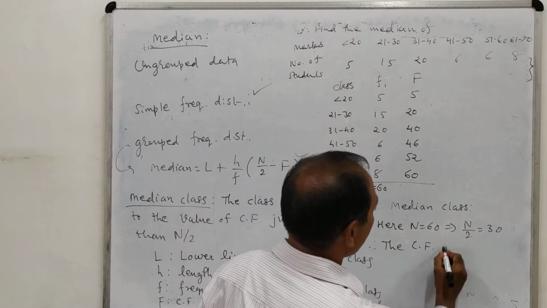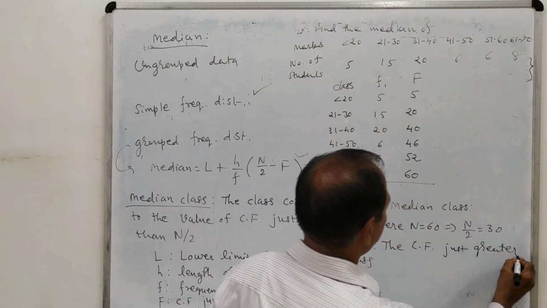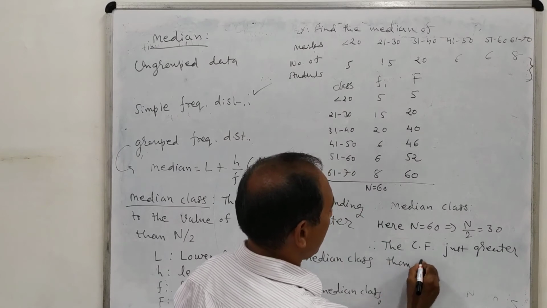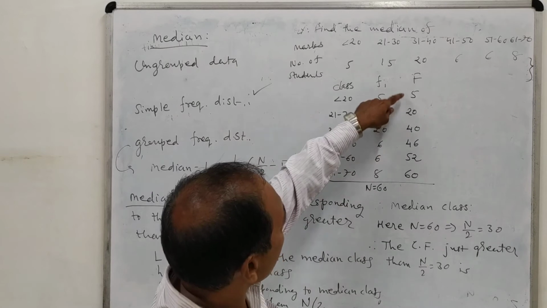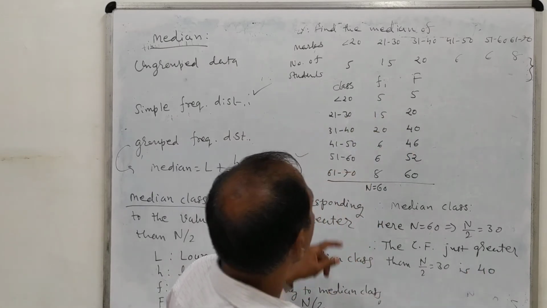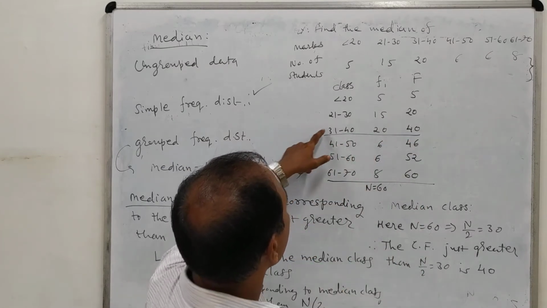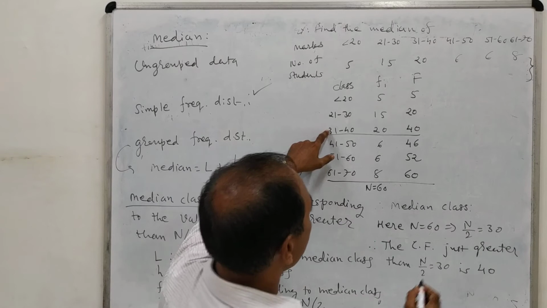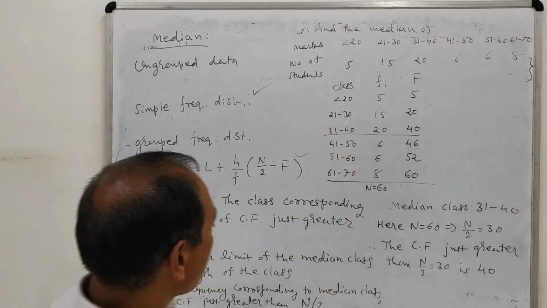So CF just greater than capital N by 2 equal to 30 is, you can see in this column, just greater than 30 is 40. And therefore, the median class, we have drawn the line over here, the corresponding class is 31 to 40. Okay. So now almost the work has been done.